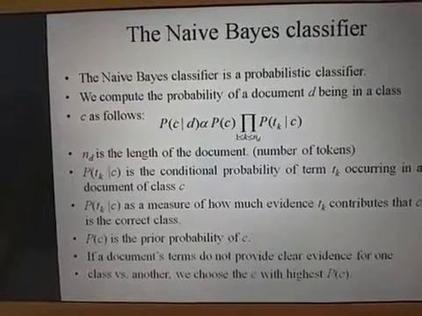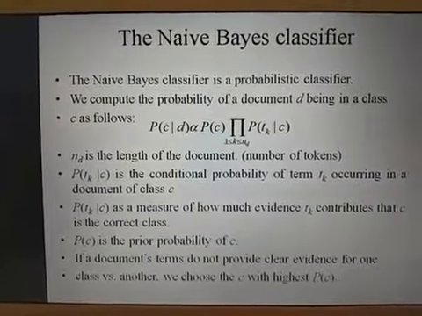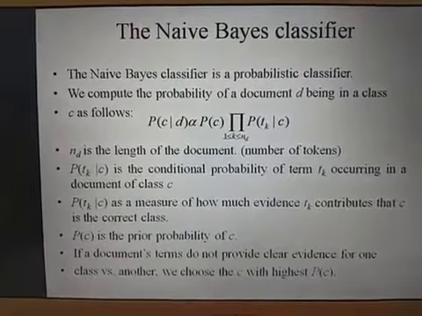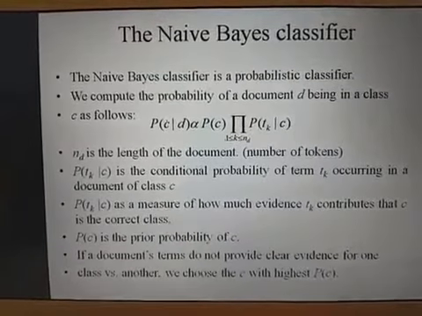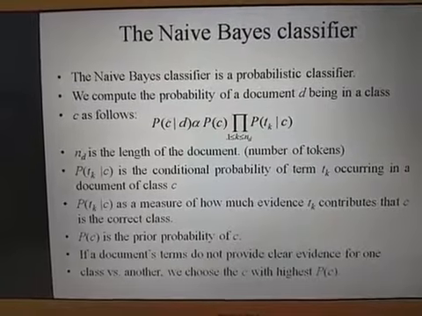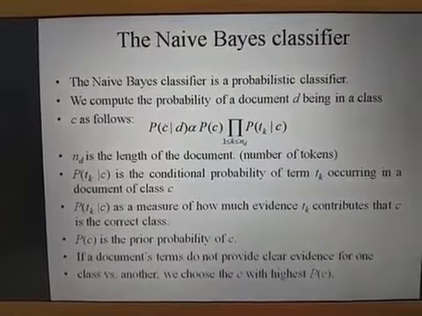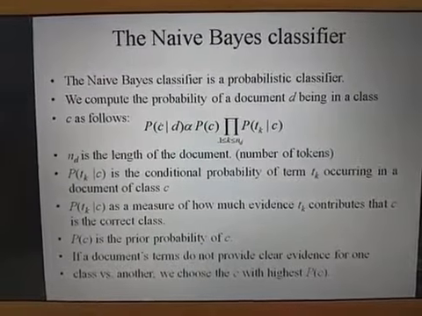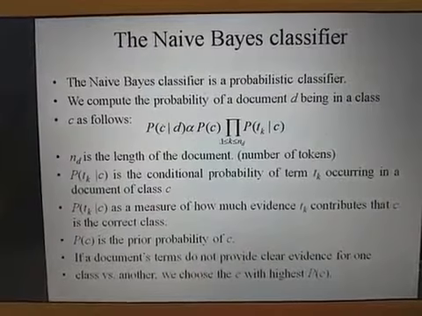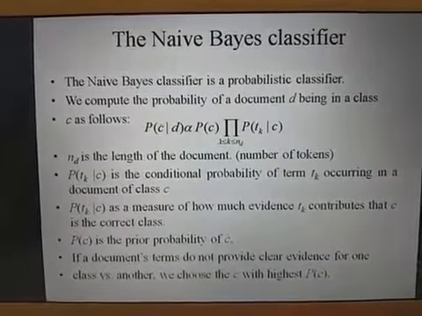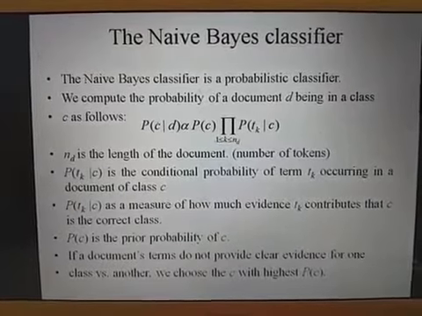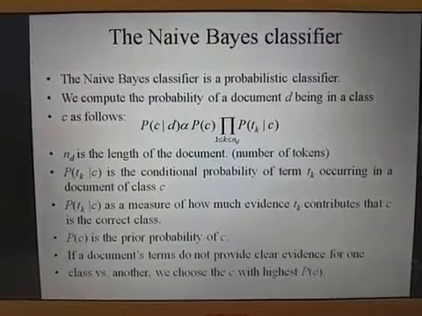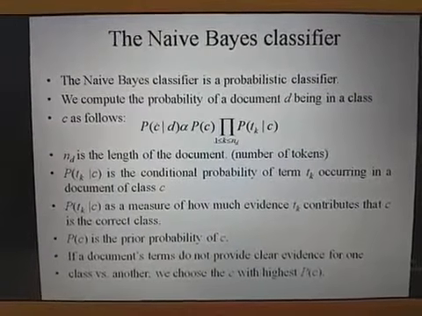In this way it picks up the information about the number of tokens or terms present within a document, and it uses the conditional probability of different terms which occurred within a document of class C. It also measures how much evidence each term contributes, that means each term's contribution towards a particular document, and that's why we can categorize it into a particular class. That also defines the prior probability of that class.